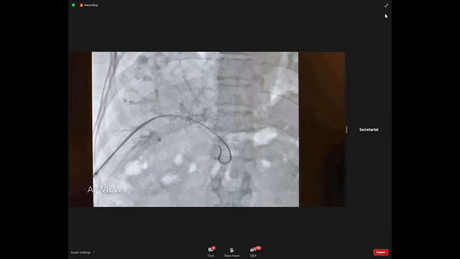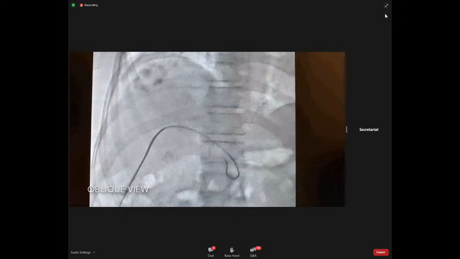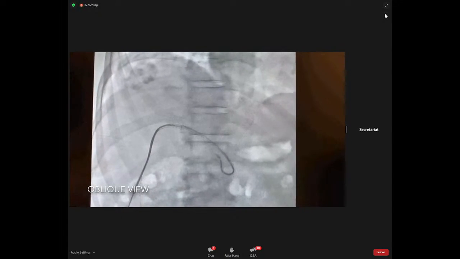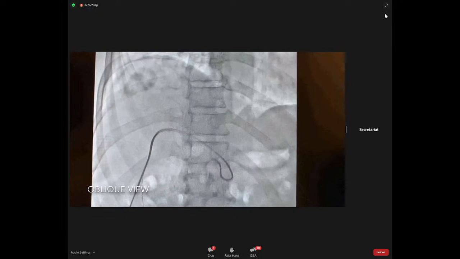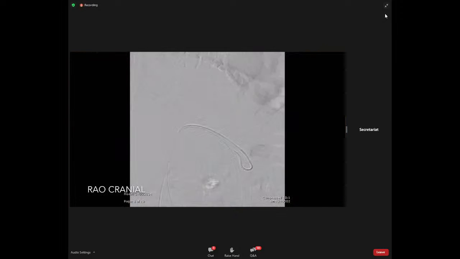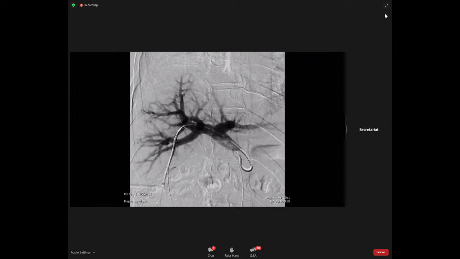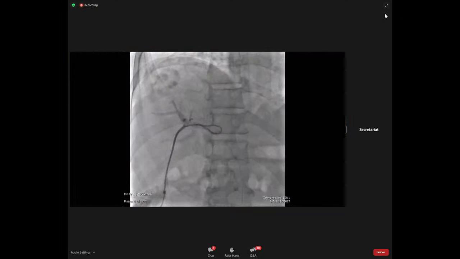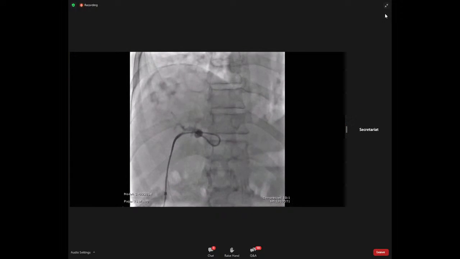And then you can apply cranial or caudal oblique to differentiate the branches of the right anterior and right posterior portal vein. You can control the reverse curve catheter without a guide wire by using the maneuver of twist, push, and pull.